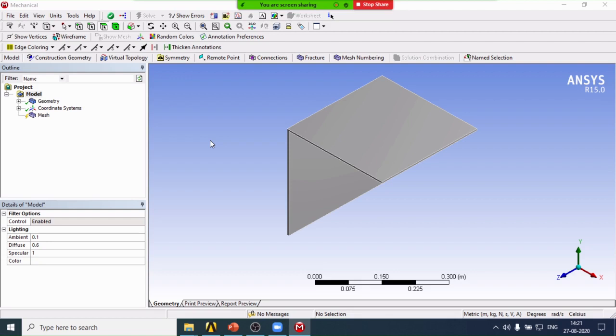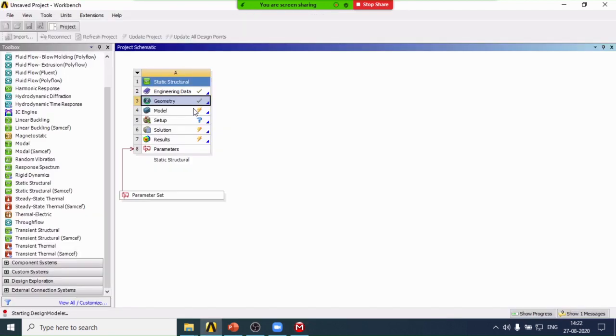Now the symbols are going to change. Just look here. There is a yellow mark, one question mark. So many things are there. So in this case, we can now apply the forces.